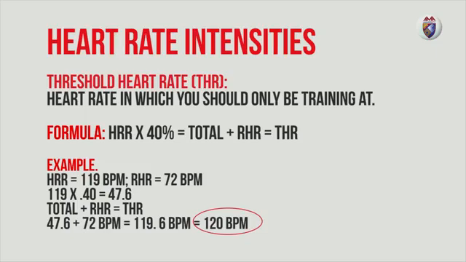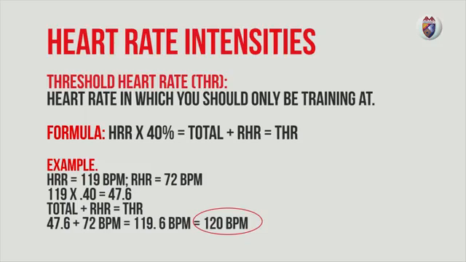From the example values a while ago, the person has a heart rate reserve of 119 beats per minute and a resting heart rate of 72 beats per minute. Putting these values in the formula, the solution would now be 119 times 0.40 and the result is 47.6.